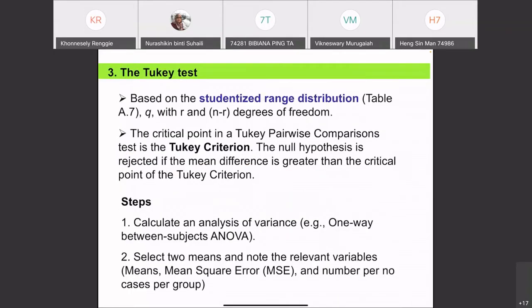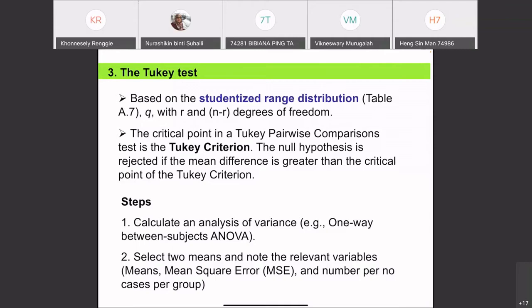And last week we have talked about Tukey test in detail. What are the steps, right? So basically, both Tukey test and Bonferonni test are continuations of the ANOVA steps that we have talked about before. When you have to generate the ANOVA table, you have to calculate the SST, TSS, and so on.